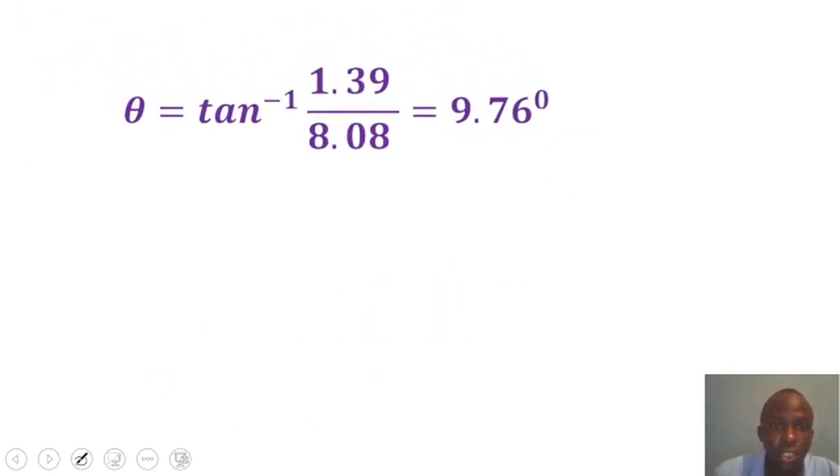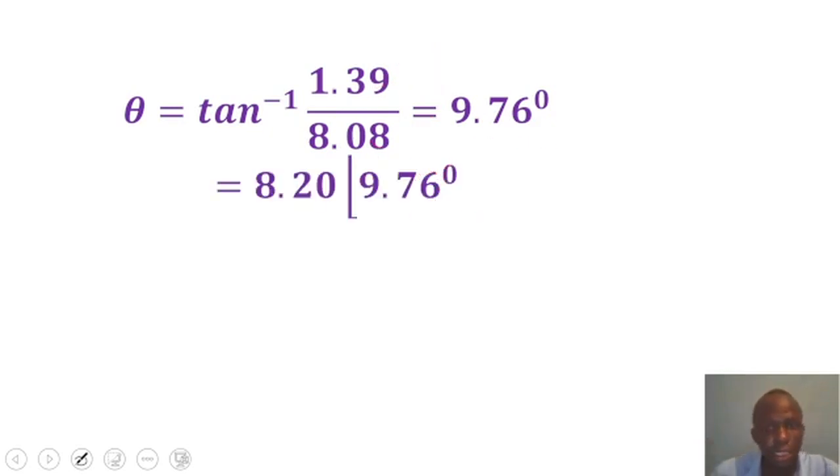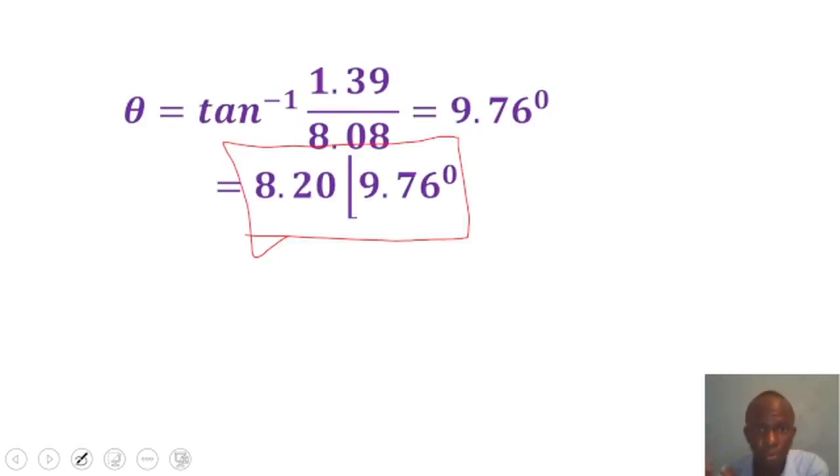The argument is tan inverse of y over x. So this is our y and this is our x. You get that. So representing it in polar form, that is the answer. Alternatively, we can just say 8.2 into bracket cos 9.76 plus, yeah, like that.